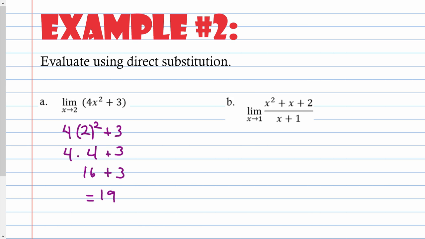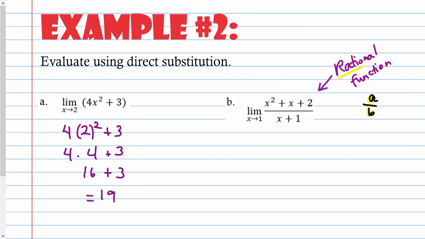And there's my limit. For part B, okay, well this is a rational function. It's a rational function because it's basically a function divided by another function. I like to highlight the word ratio, right? A ratio, if you remember, is basically something over something.